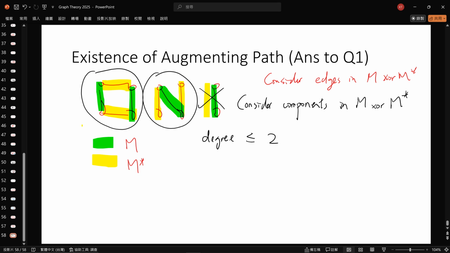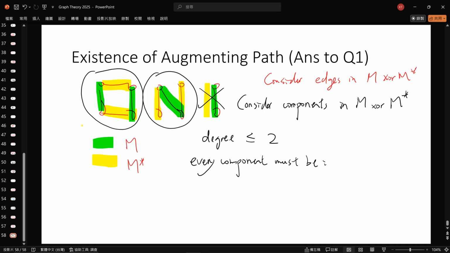Okay. So if degree is at most 2, then what does the component look like? So if every vertex has at most 2 neighbors, then the component must be... so you either have degree 1 or degree 2.